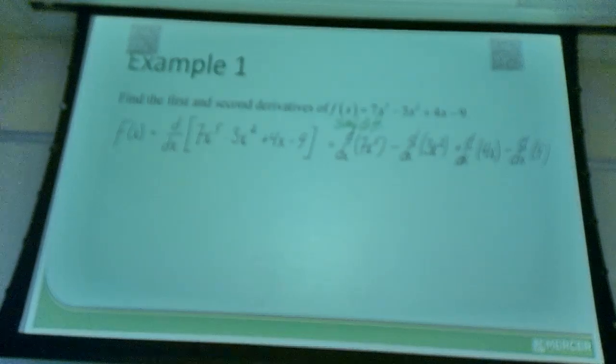Using some difference rules. Well, that first one is going to be a scalar multiple. Second one's a scalar multiple. Third one's a scalar multiple.